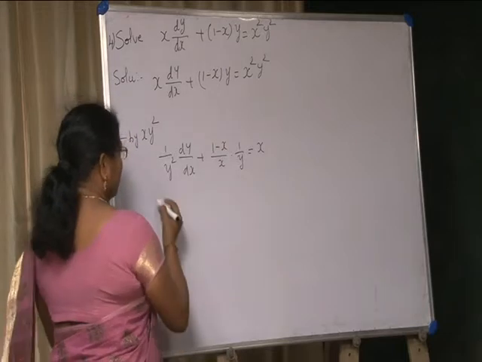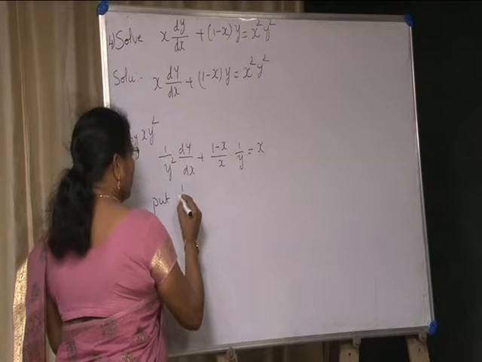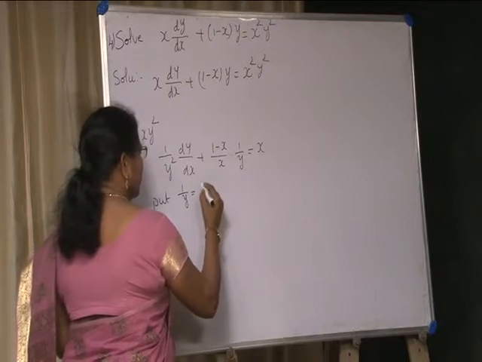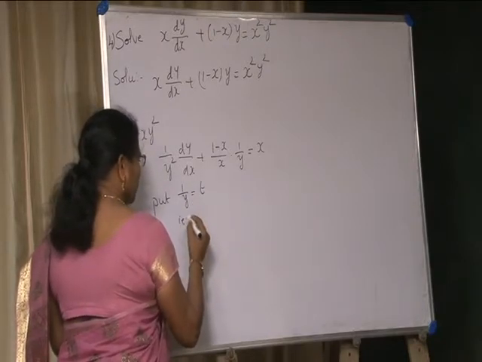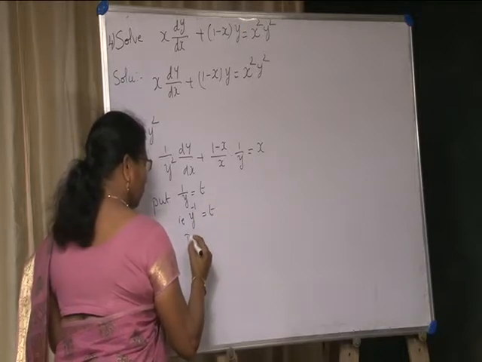So, here again put 1 by y is equal to t, that is y to the power of minus 1 is equal to t.